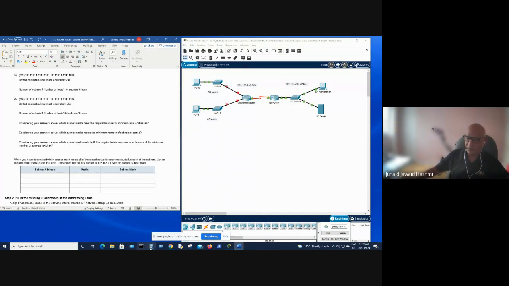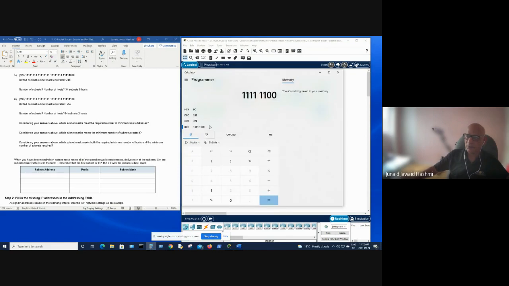Here, again, calculator. 2 to the power of 6 is 64. This is how you get 64 subnets, because we borrowed 6.